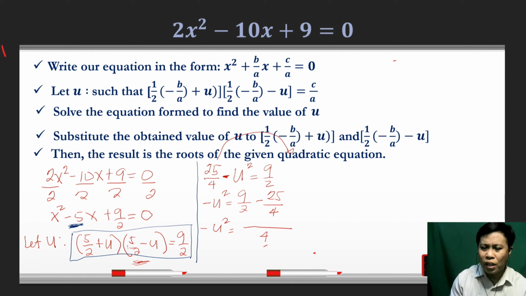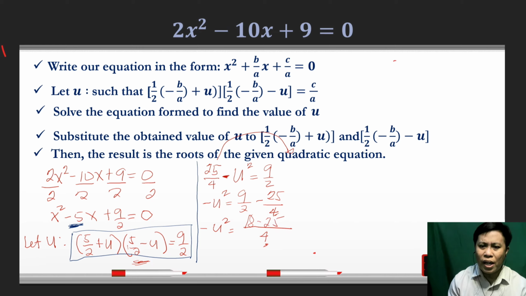sa 2 na denominator ni 9. 4 divided by 2 is 2 times 9 sa numerator. So, you have 18. Then, 4. So, again, divide mo sa denominator ng 25. 4 divided by 4 is 1 times negative 25. The numerator is still negative 25.